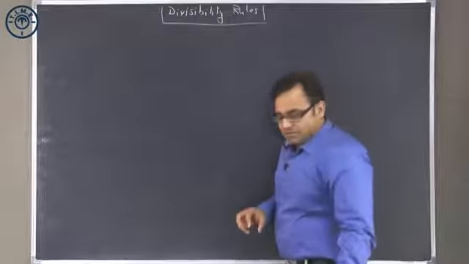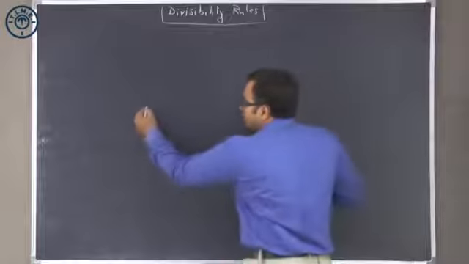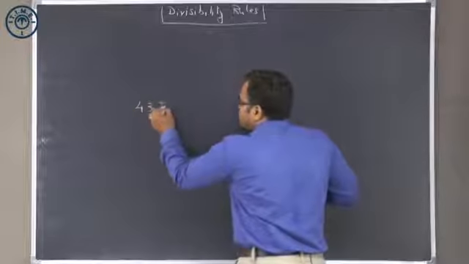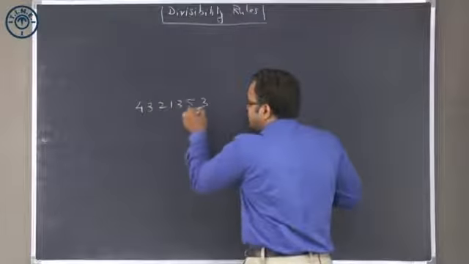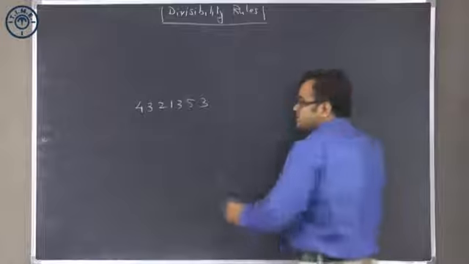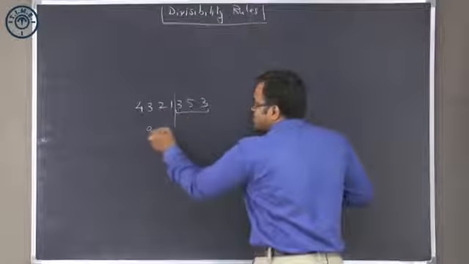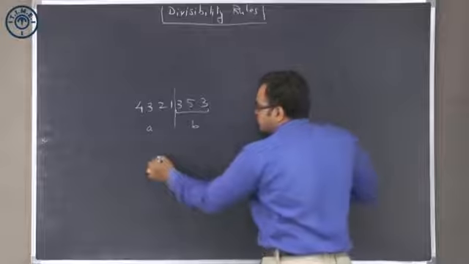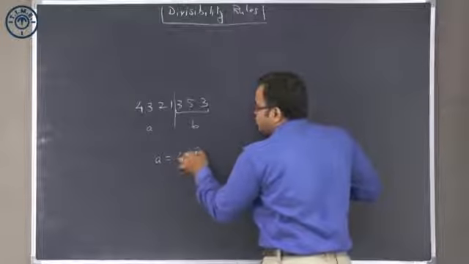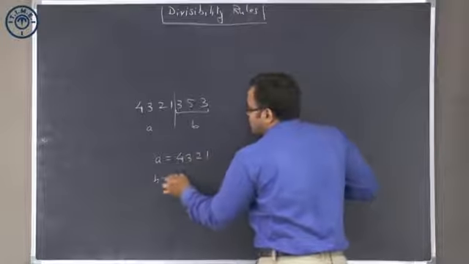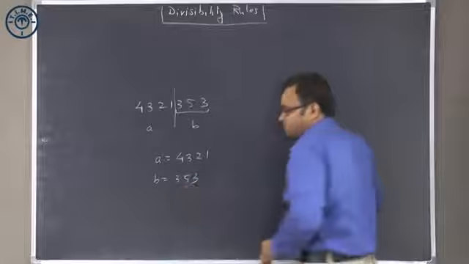This can also be written in a slightly different form. Let's say I have to check the divisibility for 4 3 2 1 3 5 3. What we will do is take the last 3 digits out. Let us say the number becomes A and B. So now there are two numbers, A is equal to 4321 and B is equal to 353.